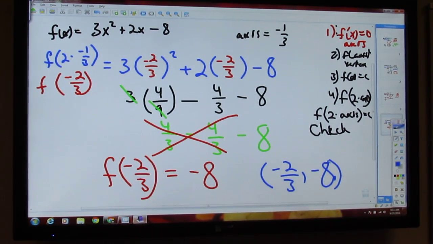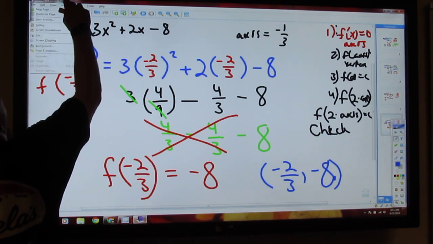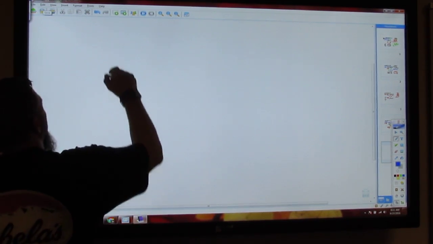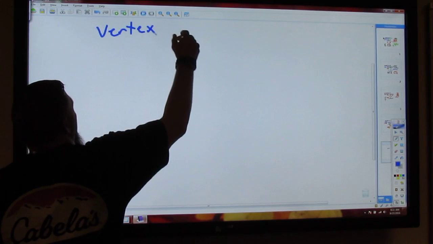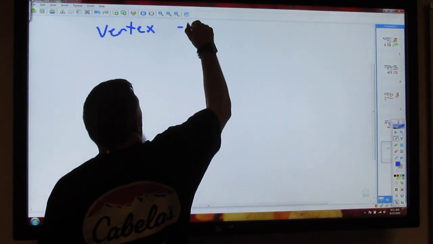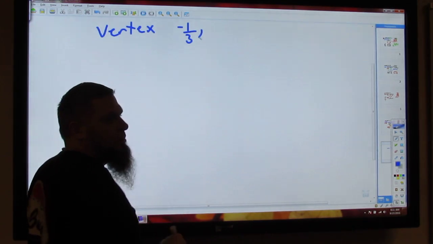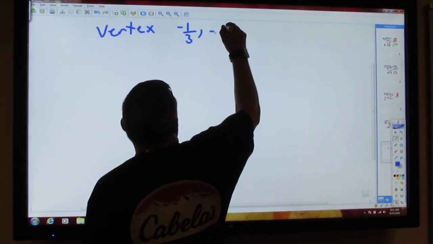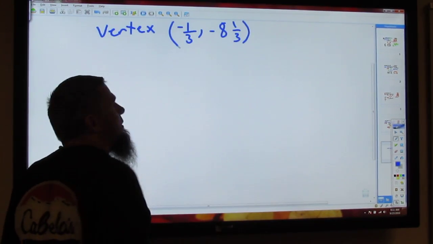So let's take a look at all these points that we have. Insert a new page. What was the first point? What was our vertex? Negative 1/3, negative 8 1/3.